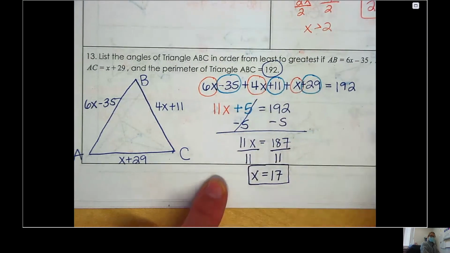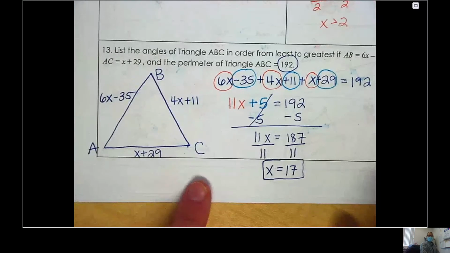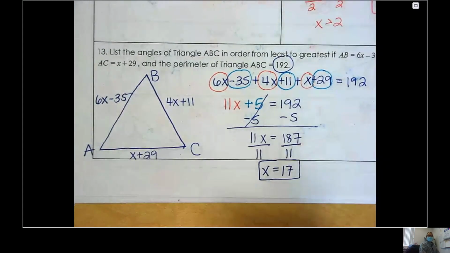Whew. All right, so we put all of those together, put them up to my perimeter. Am I done with the problem? Nope. Why? I gotta plug it in because it asks me to list the angles in order from least to greatest. That doesn't help me right now. I gotta take that 17 and plug it into every single equation, all three sides, because you're gonna get 3 different answers.